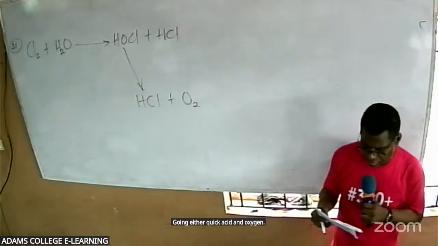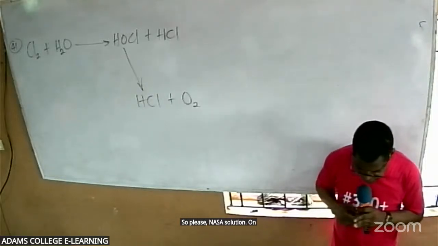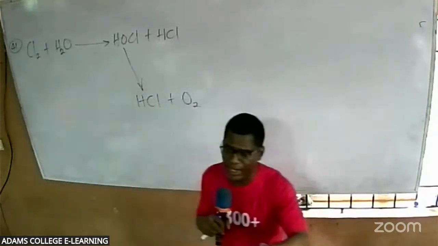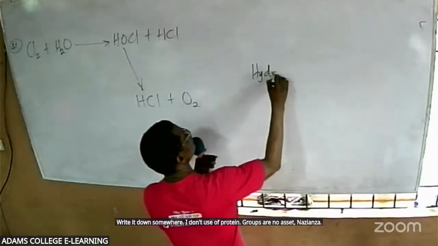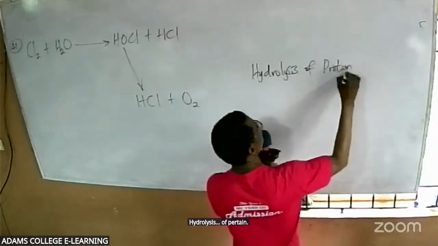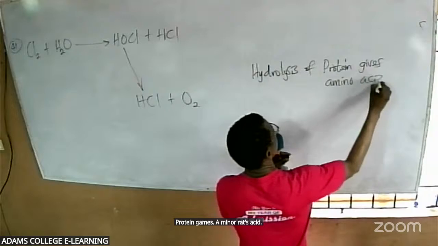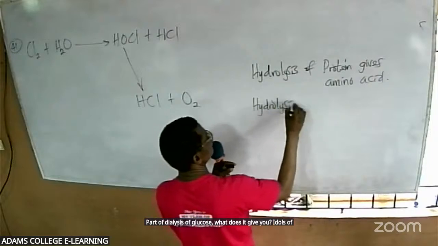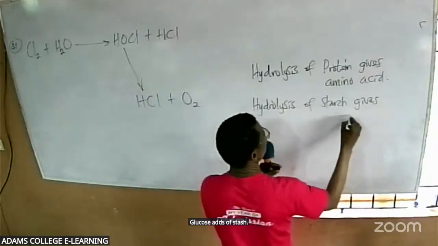That's D. Say in acid solution, undergo hydrolysis. That's the answer. And then write it down somewhere. Hydrolysis of protein gives amino acid. What of hydrolysis of starch? It gives glucose.